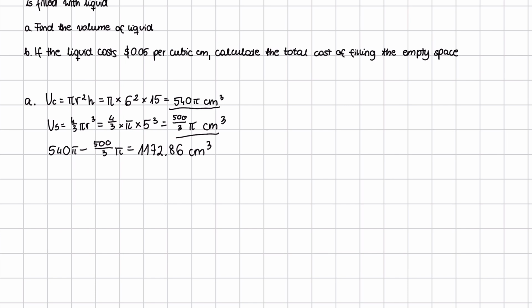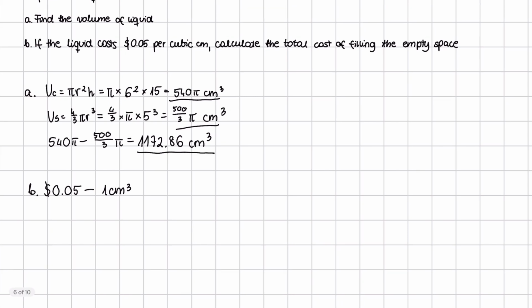So we have a cost of 5 cents per cubic centimeter, and we have 1172.86 cubic centimeters. So our cost is unknown, and here we rewrite our value.